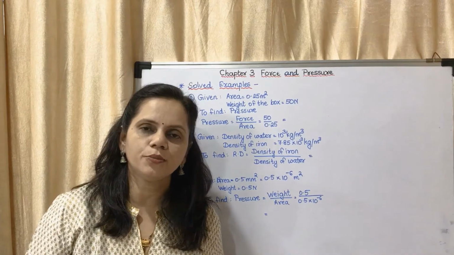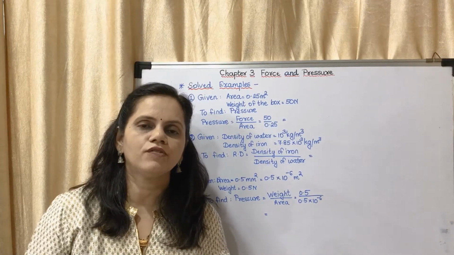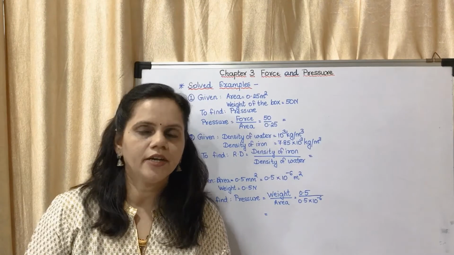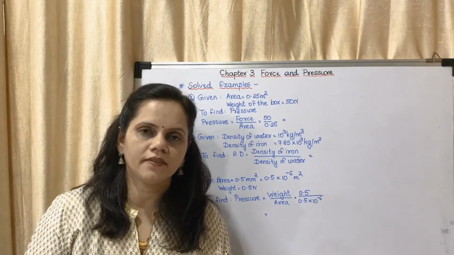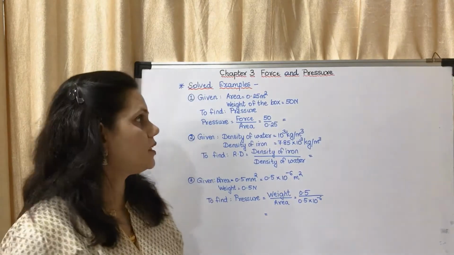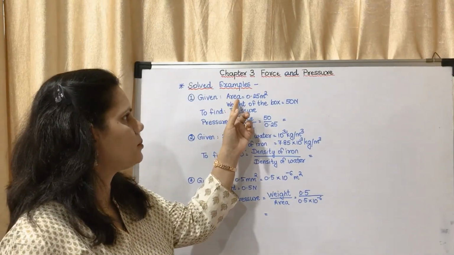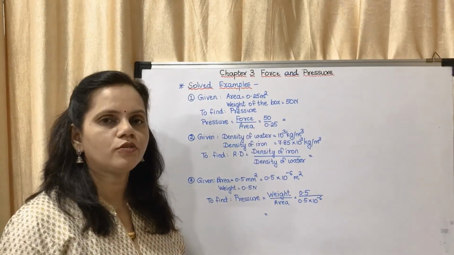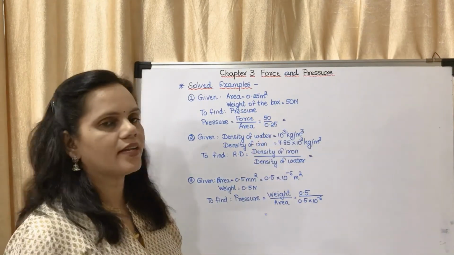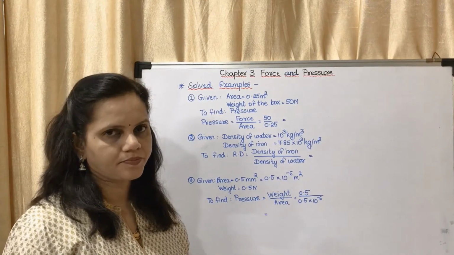Now when you do numericals in science, first of all you should know all the formulas. And second, you have to see whatever has been given. First write what has been given. What has been given here? Area has been given as 0.25 meter square and weight of the box has been given as 50 Newton.